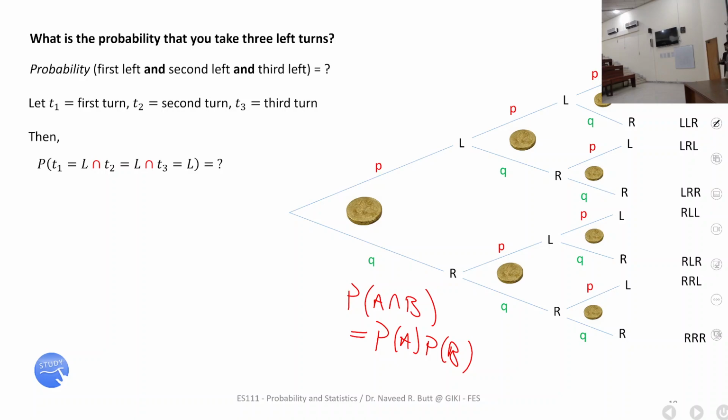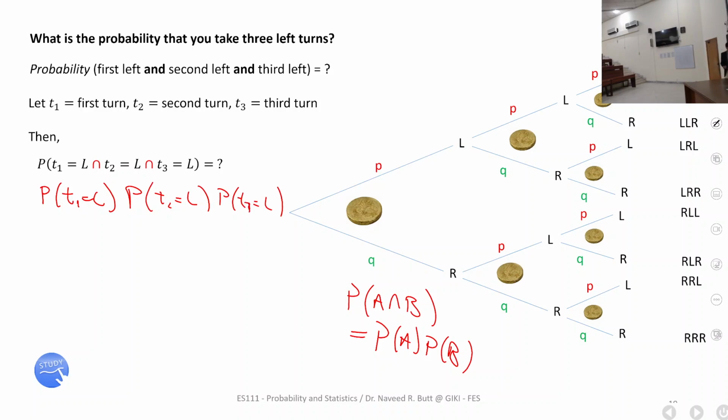The problem becomes easier. What can I write it as? It will be probability T1 equals L times probability T2 equals L times probability T3 equals L. Now all of a sudden it becomes very easy.